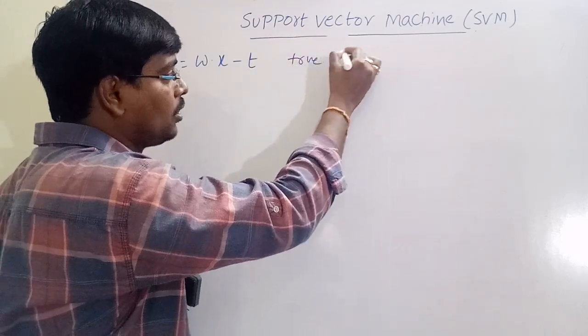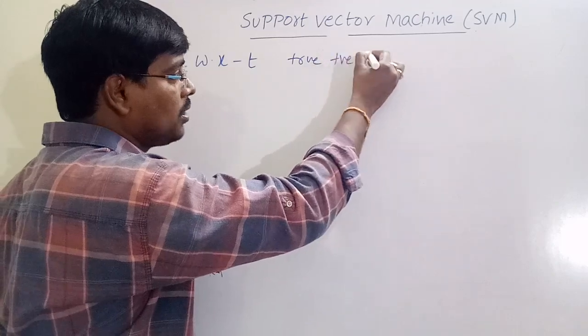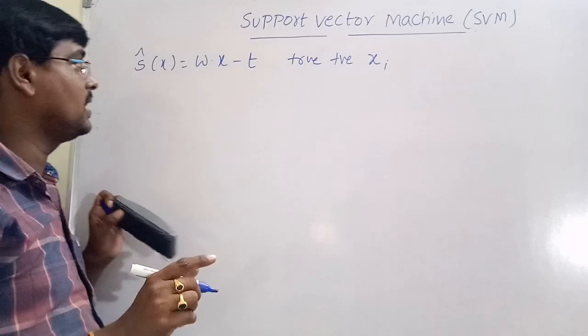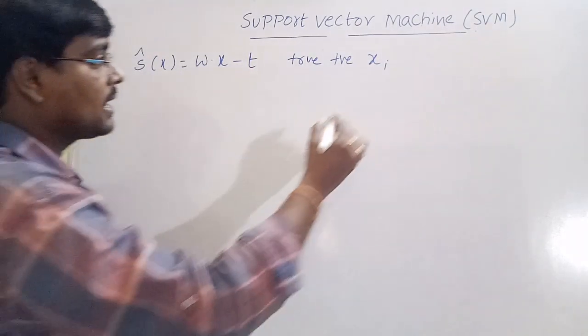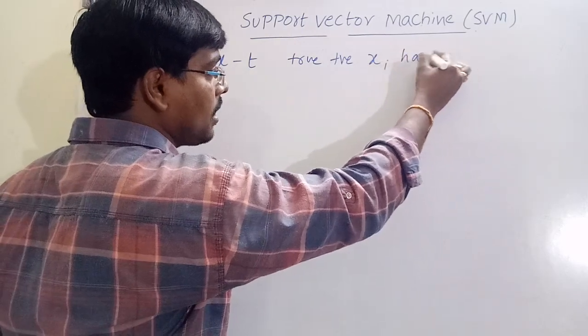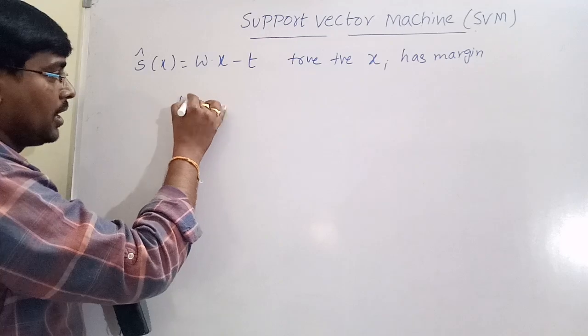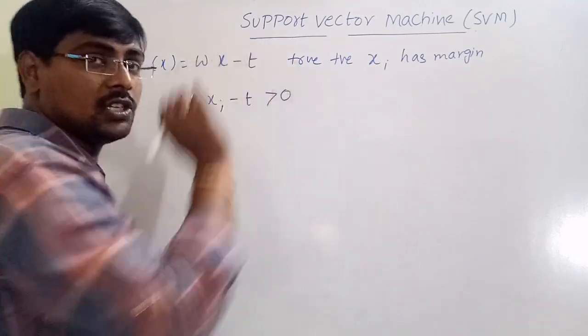Suppose for a true positive xi, it has a margin W into xi minus t greater than 0.